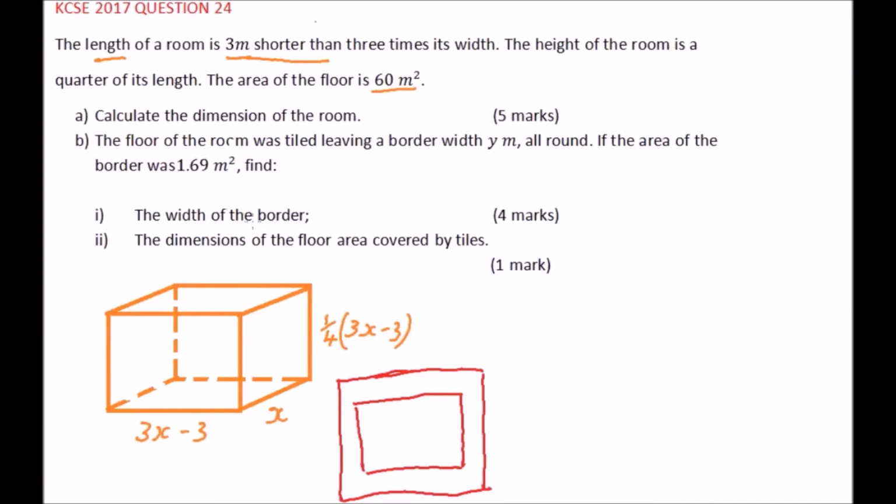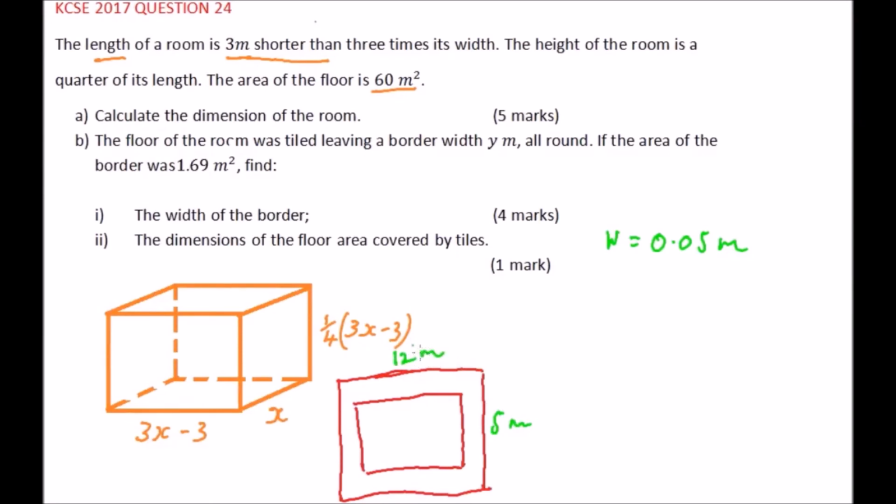So in section B, Roman number 1, we have found that the width of the border is 0.05 meters. We have said this is 5 meters and this is 12 meters.